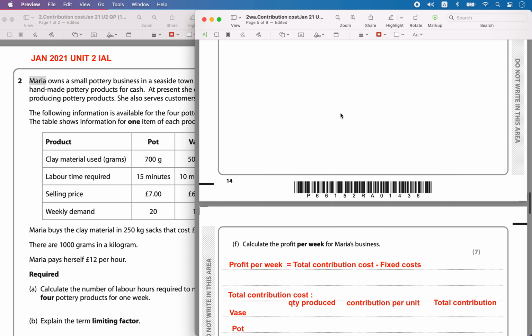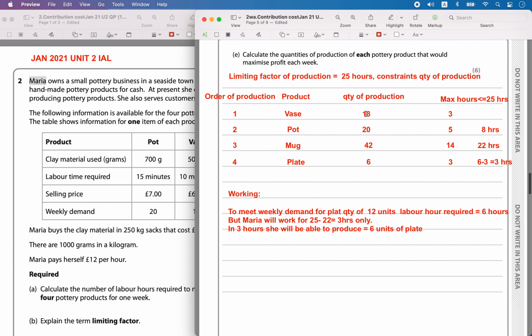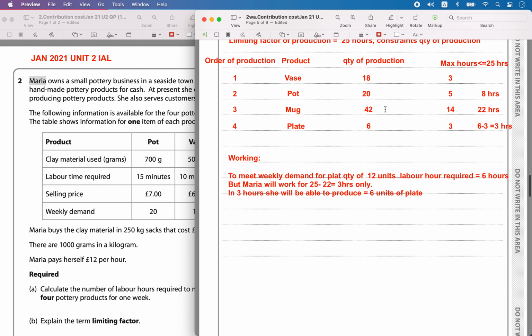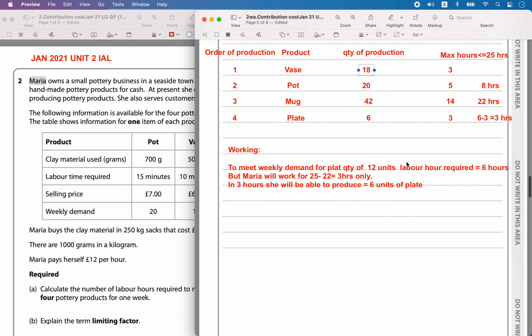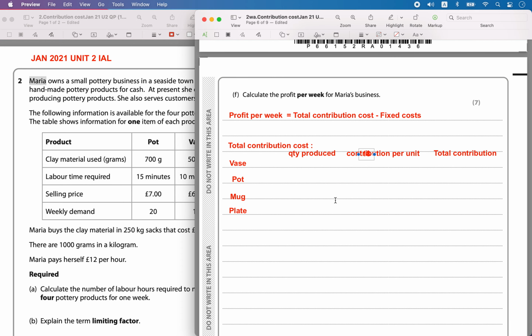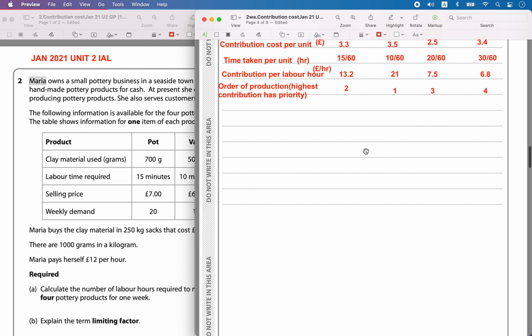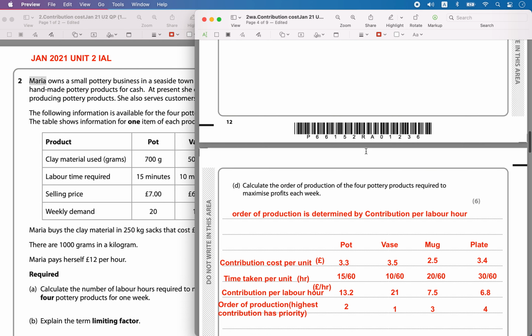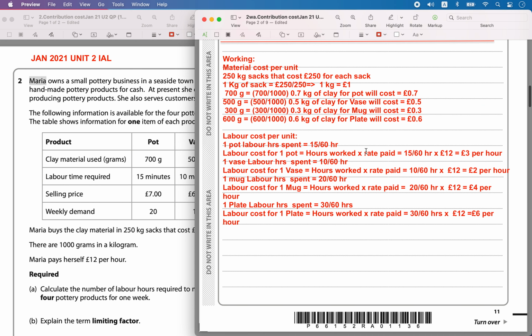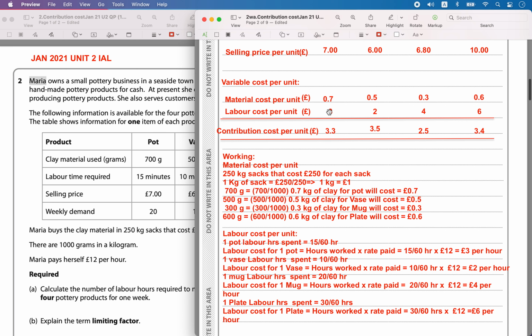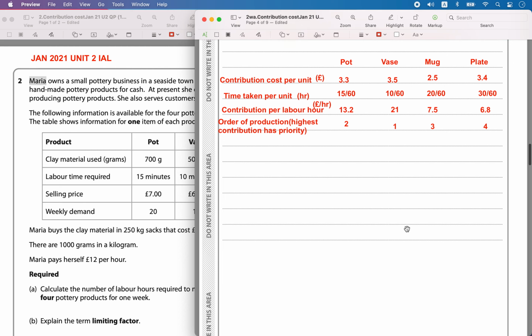So let's calculate that. First is the quantity of vase that is going to be produced. We saw that the total quantity that can be produced is 18 units, so let's write 18 units. The contribution per unit we had calculated; for the vase it is 3.5.